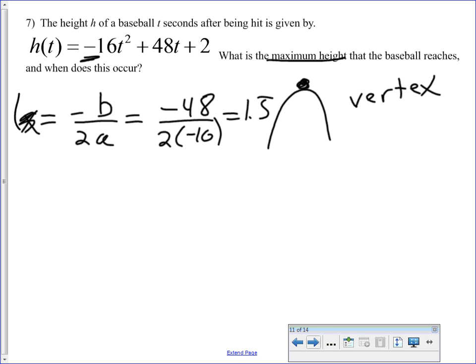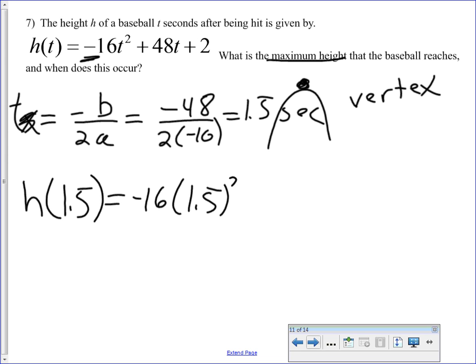Now, in this equation, we're going to be using t as the independent variable instead of x. So it's going to reach its maximum height at 1.5 seconds. And then I'm just going to plug 1.5 into the equation to solve it.